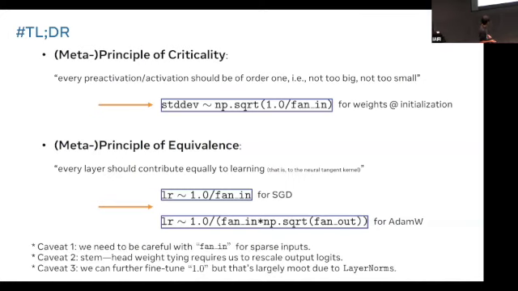Okay. There are 3 caveats I want to mention. Caveat 1, we need to be careful with fan-in for sparse inputs, and I'm going to describe one specific example that comes up in transformers. Caveat 2, in transformers there's something called weight tying, and that complicates things, but we can work it out. Caveat 3, in this slide I put meta in parentheses for a reason.